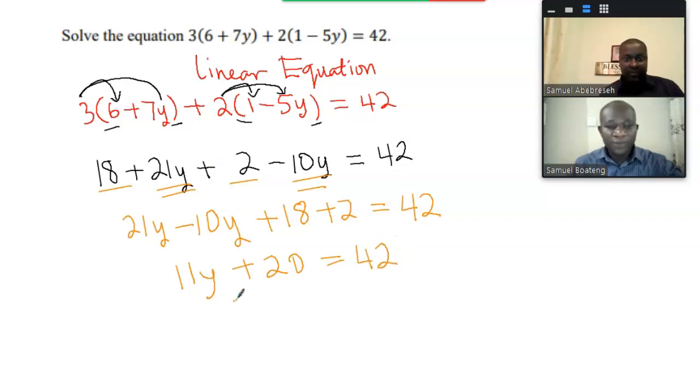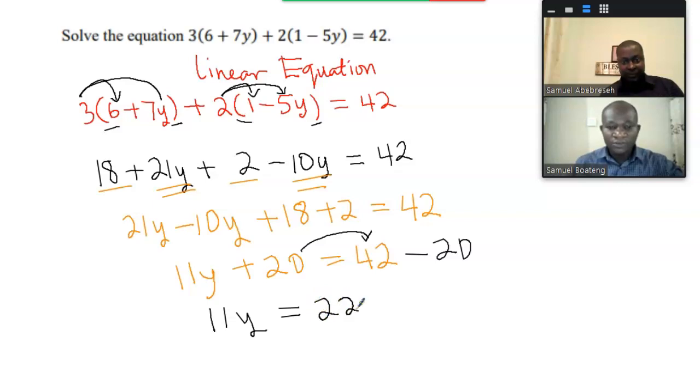So we want to find y. Once again, we group the like terms. We send the 20 to the right-hand side, and when it crosses the equal sign it becomes minus 20. Minus 20 from each side. So 11y equal to 22.